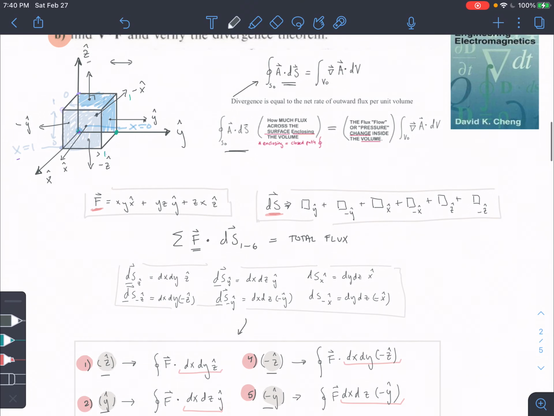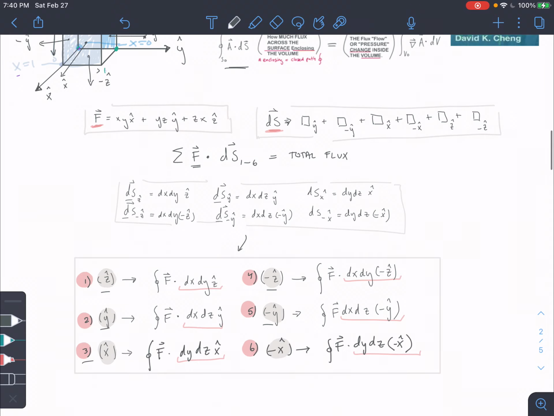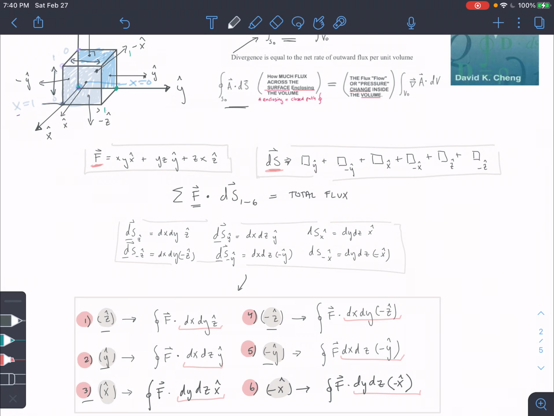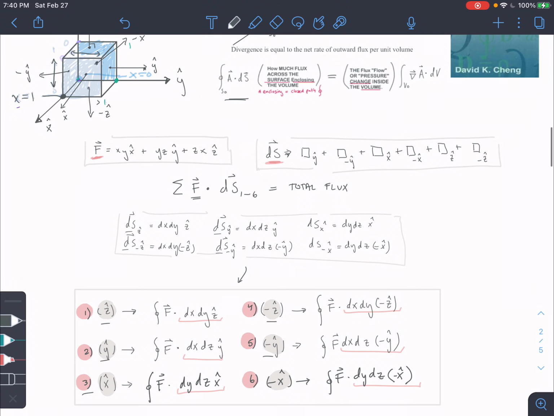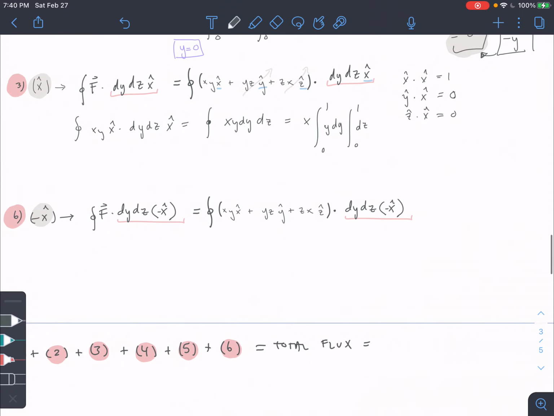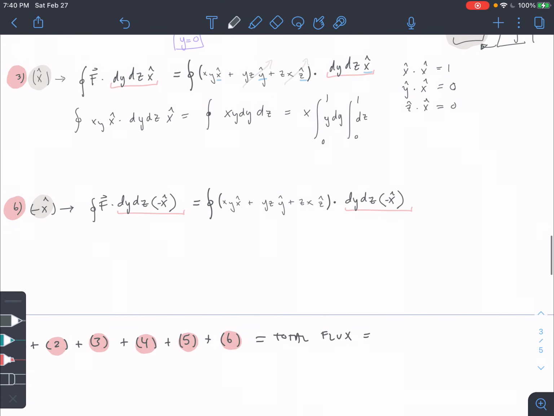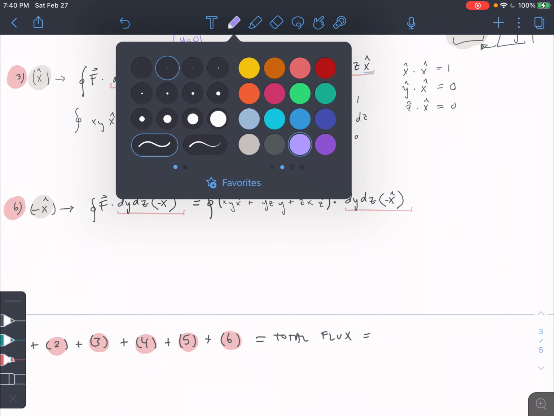And here is how we know x is equal to 1: the surface is located at the position x equals 1. So let's plug that in.